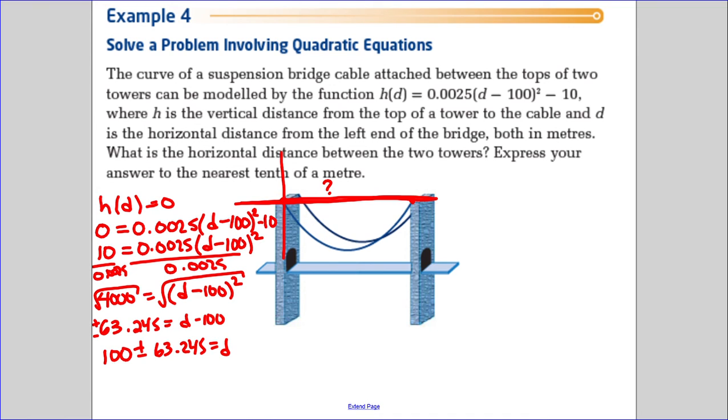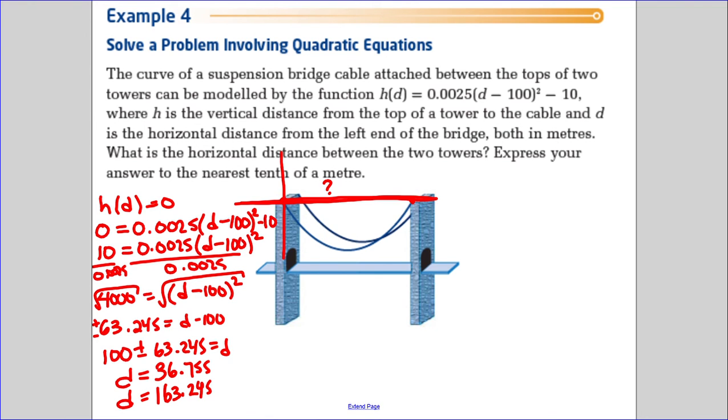So that means that the distance here that I have to work with, the first root is going to be 100 minus 63.245, so it's going to be 36.755. And then the other root is going to be when it's added, and I'm going to get 163.245.